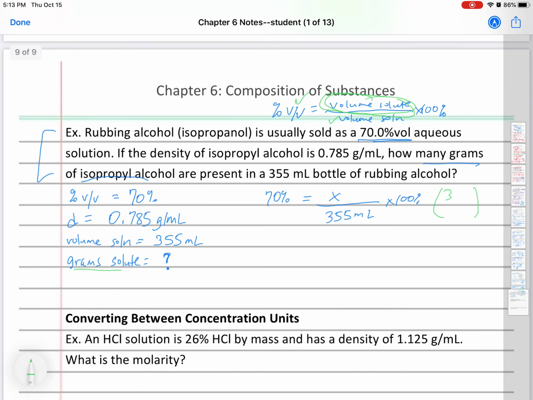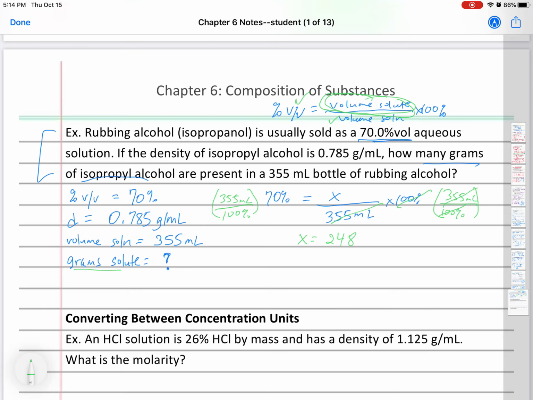So I'm going to multiply both sides of the equation by 355 milliliters over 100%, because that's going to allow me to cancel out those and solve for x. So 355 times 70 divided by 100 is 248.5.